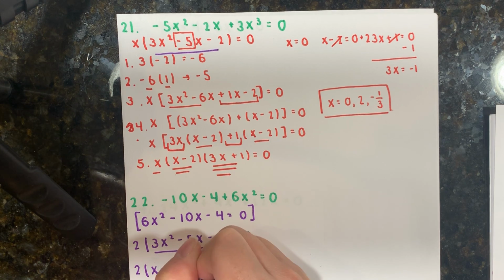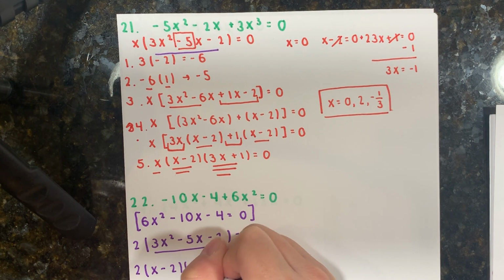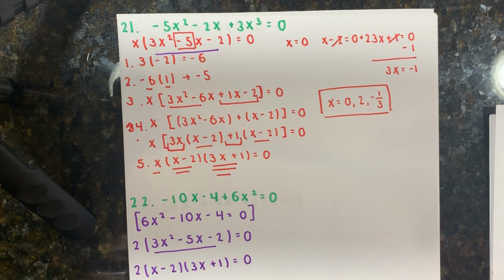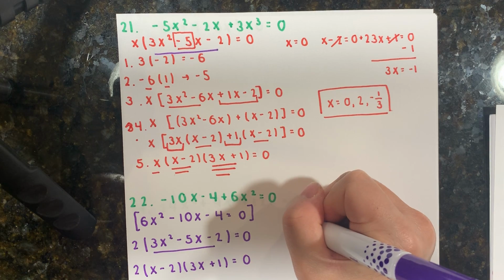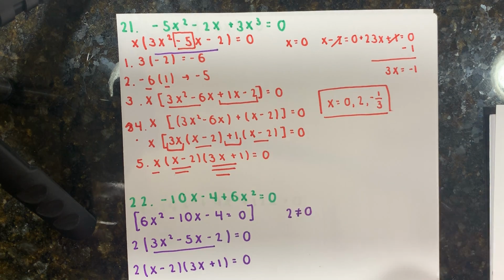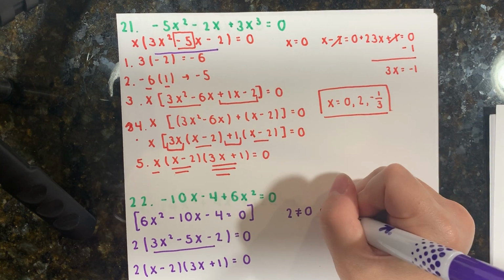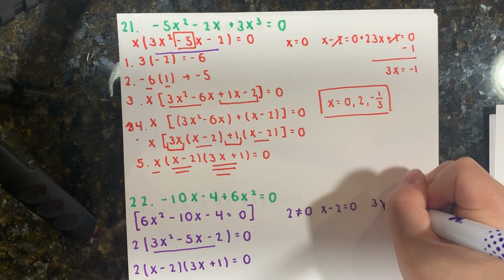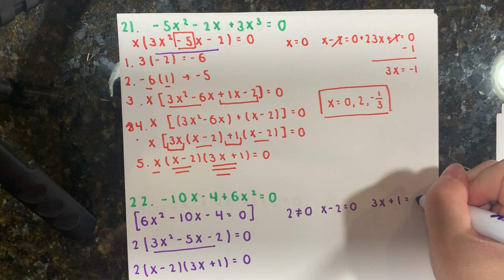So it would be x minus 2 times 3x plus 1. Now I just need to set each of those equal to 0. But 2 does not equal 0, correct? So that's not one of my answers. But I have x minus 2 equals 0, and then again 3x plus 1 equals 0.